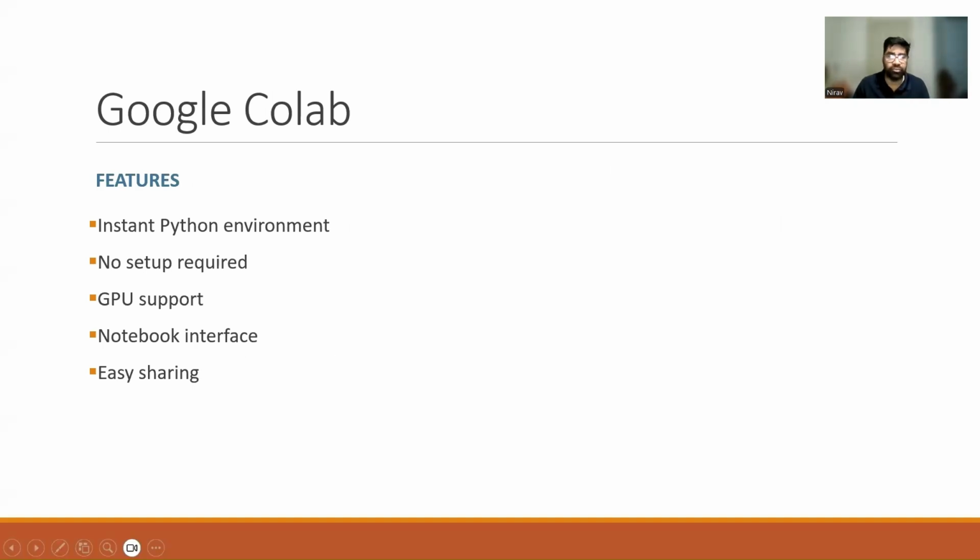It gives you a notebook interface where you can write your code, execute it, or even write text, and you can share your notebook easily. For what purpose is it most suitable? Especially if you are learning AI and its concepts, this is very good. If you want to try different prompts, or run some experimental things, this will be very helpful.